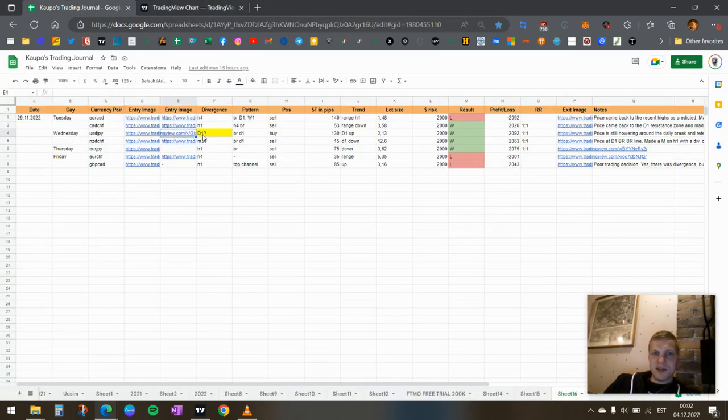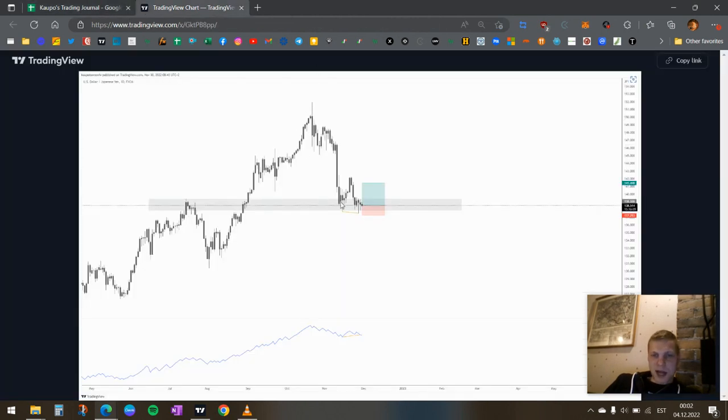That's why there's D1 with a question mark here, because the divergence I was looking at was here, but it hadn't formed yet, and it didn't form at all. So it was essentially just a break and retest, which I said I wouldn't trade again if there was no divergence.